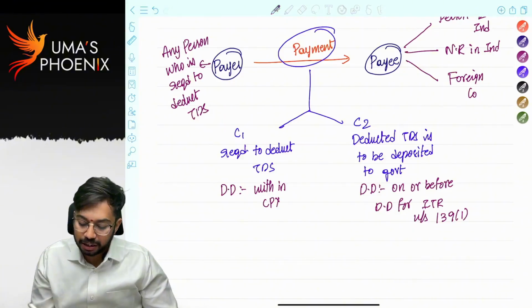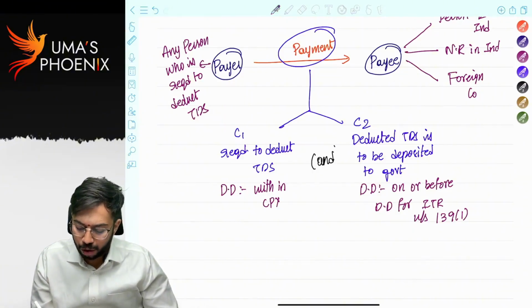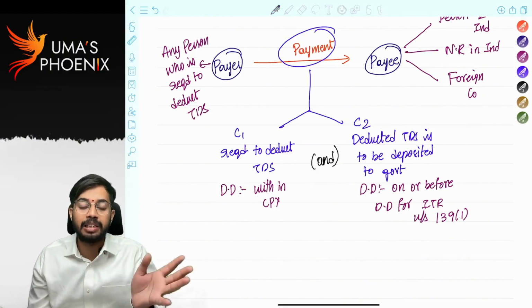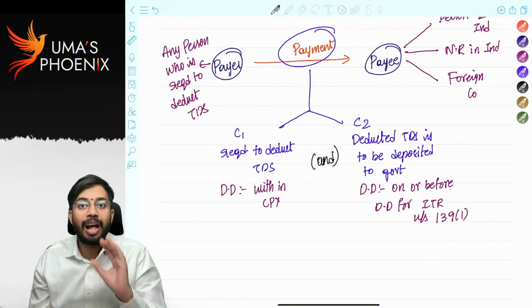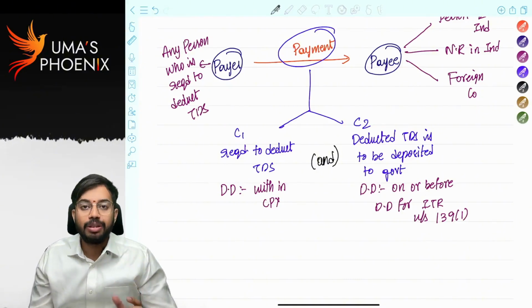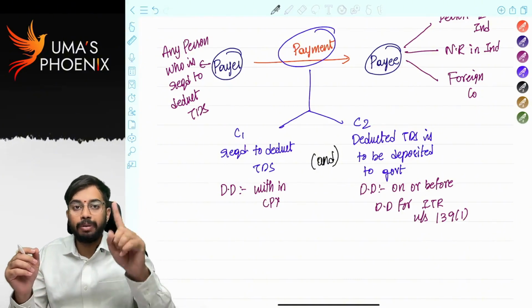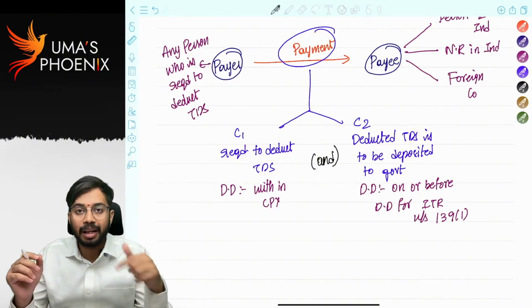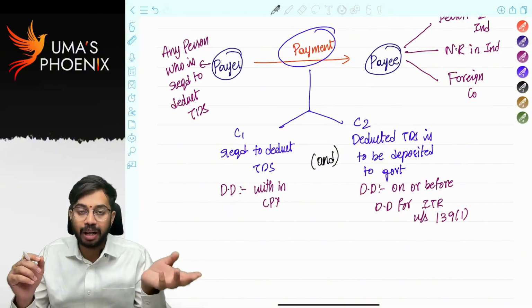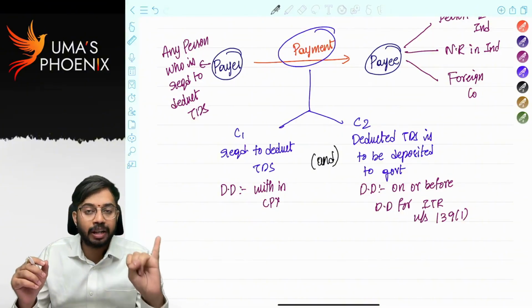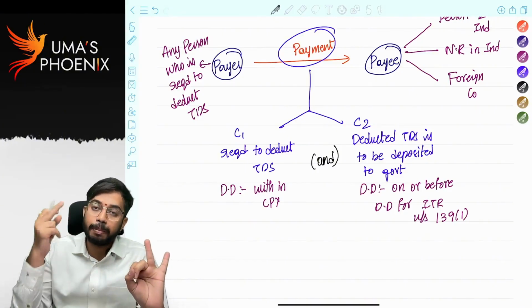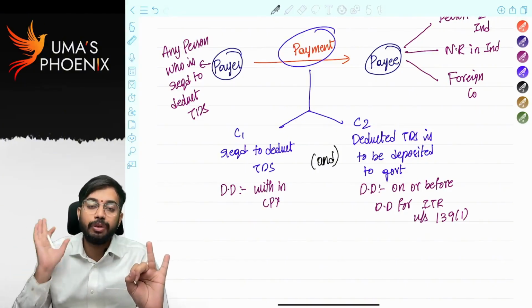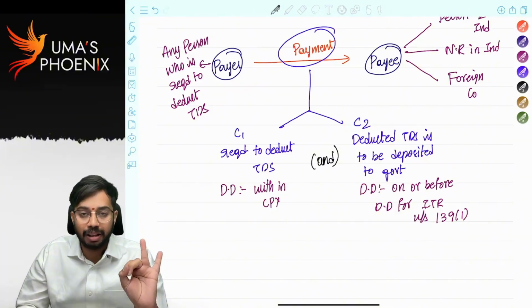What is the conjunction? The conjunction is 'and'. Only if both these conditions are satisfied, then only such payment is allowed as deduction to the payer. So whenever the payer is making payment to a payee who can be a non-resident in India, a person outside India, or a foreign company, the payer is required to deduct TDS within the previous year and the deducted TDS is required to be deposited to the government within the due date for filing ITR under section 139(1).